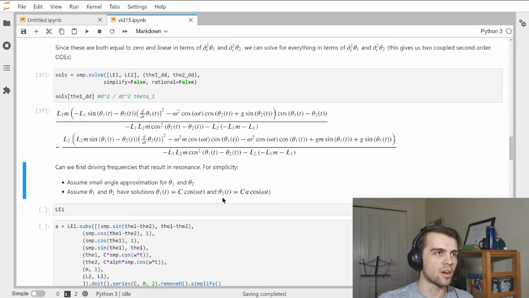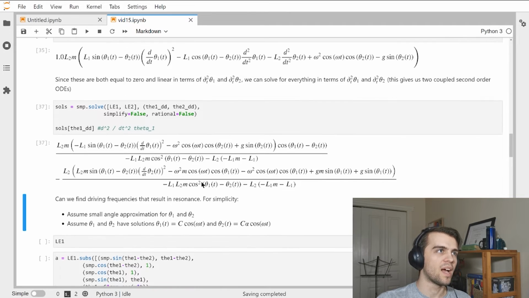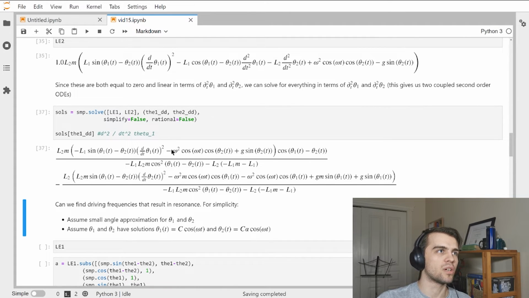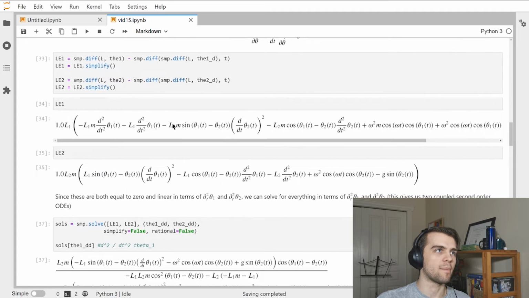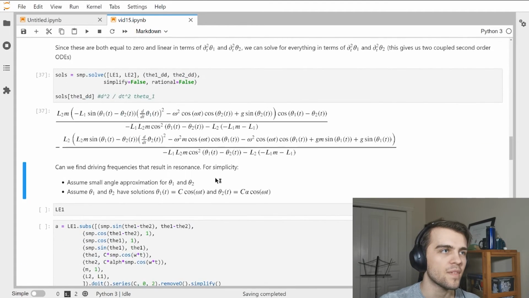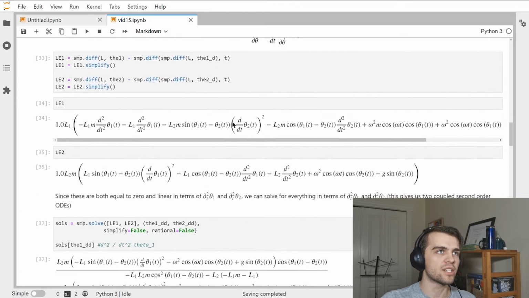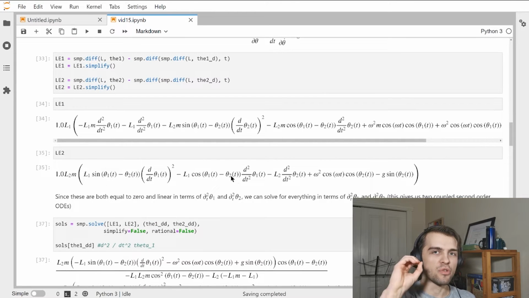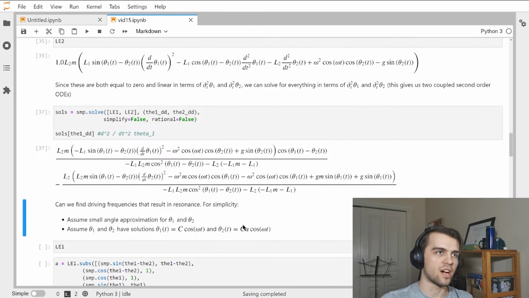If I make these approximations to theta 1 and theta 2, I can plug them into Lagrange's equation up here, and then I should be able to solve for omega. So I'll repeat that one more time. You assume solutions of this form, you plug into Lagrange's equations, you solve for omega. And there's also these other constants, alpha and c, of course, that are unknowns as well.